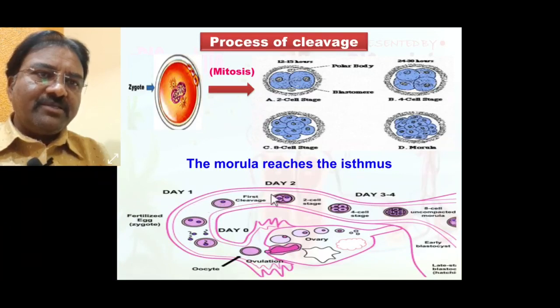The zygote undergoes different stages of cleavage. The morula is the last stage of cleavage and it reaches the isthmus. During blastulation, the morula is converted into a blastocyst.